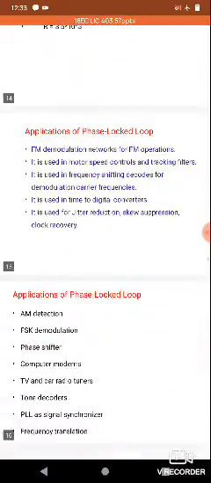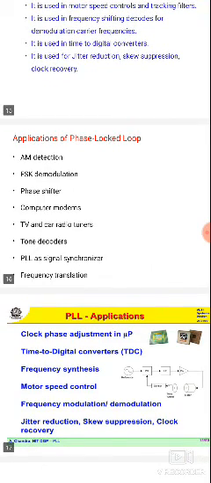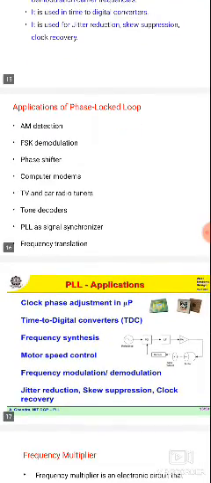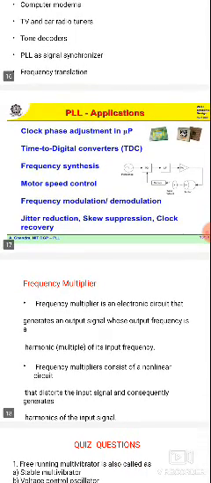So these are the main applications: AM detection, frequency shift keying demodulation, phase shifting, TV radio tuners, tone decoders, time to digital converters, and skew suppression in clock recovery. Next, PLL in signal synthesizer and frequency translation. The PLL applications also include clock phase adjustment in microprocessors and time to digital converters, TDC.